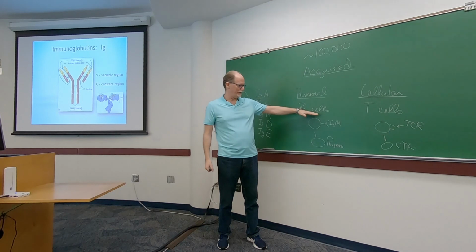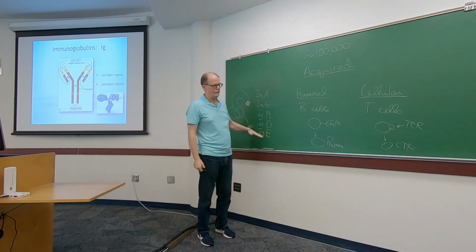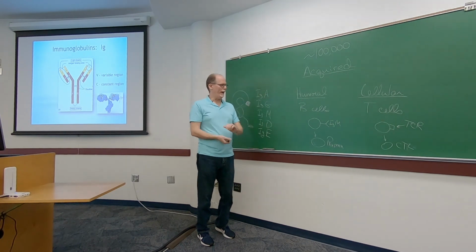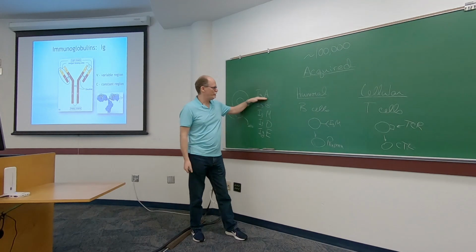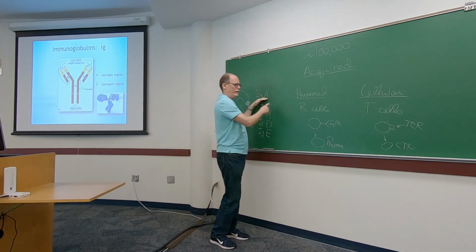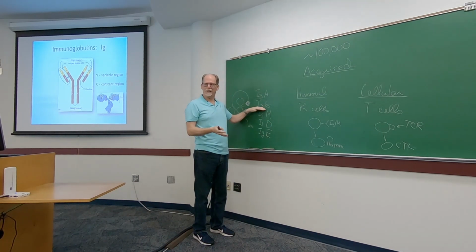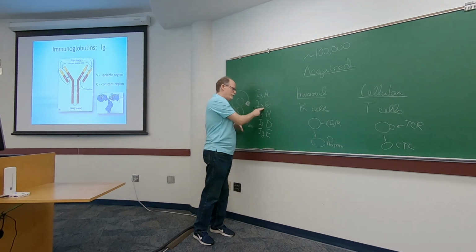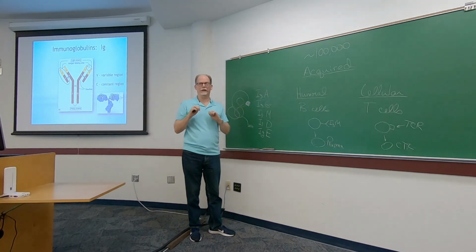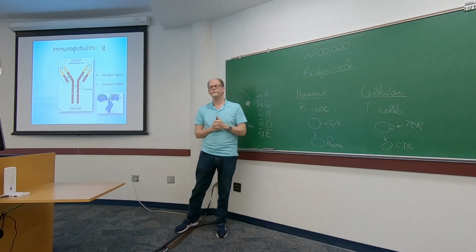When the plasma cell is activated, it has to decide which one of these 5 it's going to produce. But every time it produces IgA, it binds to the same antigen that started the process. Or if it says, okay, now I'm going to make IgG, this IgG and IgA made by the same plasma cell will bind to the same antigen, right? Because that remains constant.